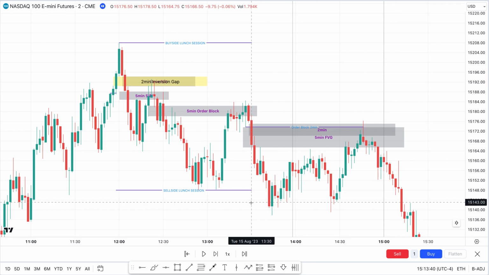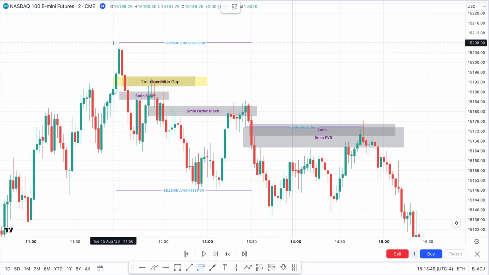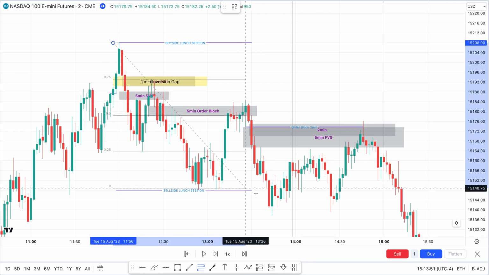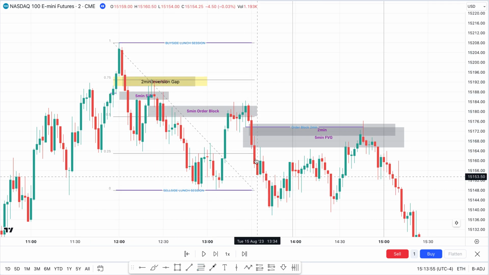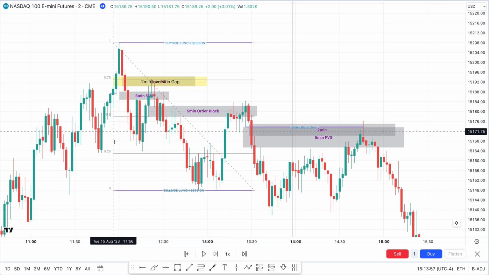And since it broke the lows, you want to divide this into quadrants, and you want to sell above the 25%.